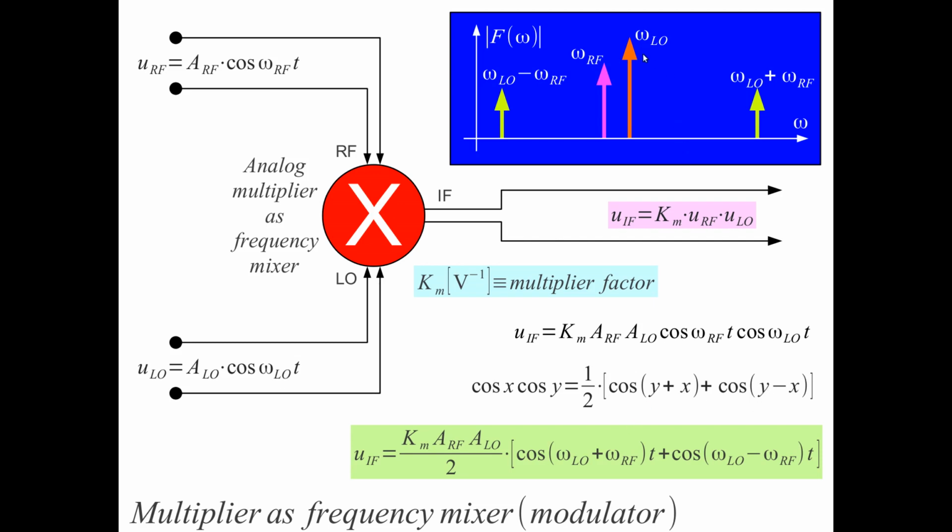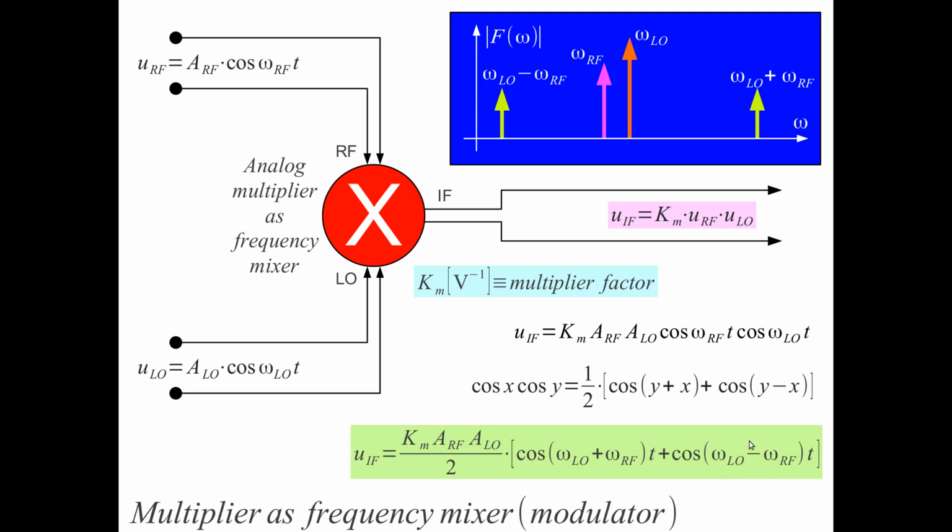Spectrum-wise, if we try to draw the spectrum, we have the spectral line of the radio frequency signal and the spectral line of the local oscillator. We get the difference and the sum of the two frequencies. Of course, with frequencies, we are only talking about positive frequencies, and cosine is an even function, so the actual sign of this frequency doesn't matter, really.